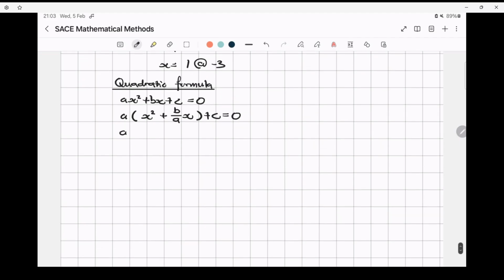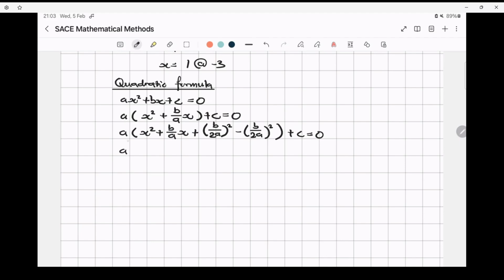Then the next step is to half the second coefficient and then square it. So it is b over 2a squared, minus b over 2a squared, plus c equals 0.